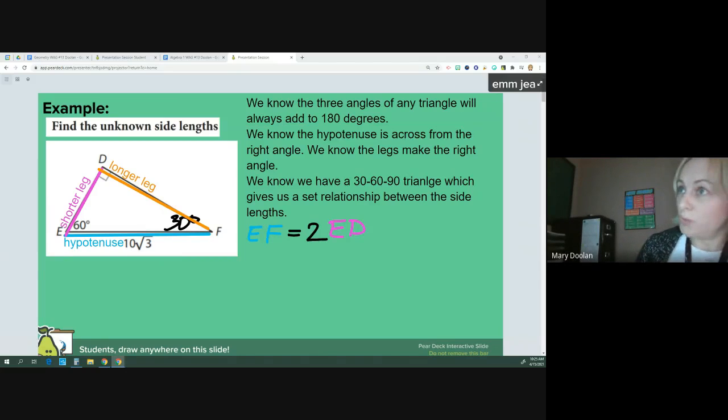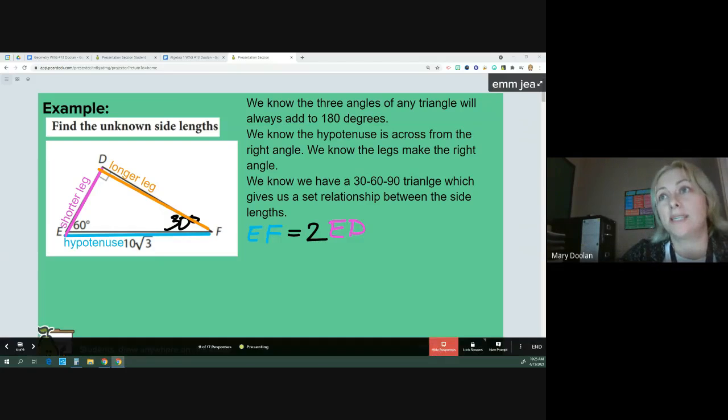So that is one relationship that we know is true because it's a 30, 60, 90 triangle. The hypotenuse is exactly twice as long as the shorter leg. And so we're just going to substitute in the value of the hypotenuse, which is 10 square root of 3, for EF.